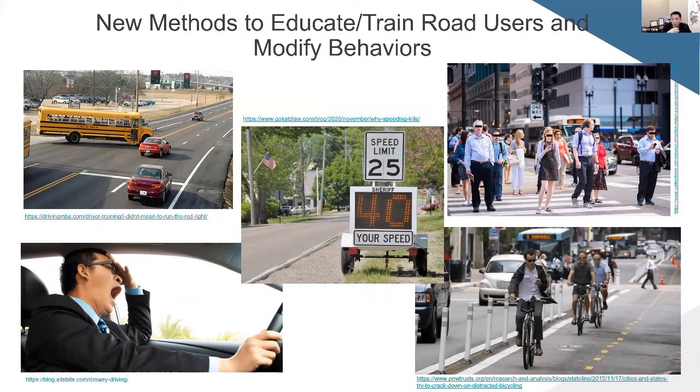But in addition to the distracted driver, you also have distracted cyclists and distracted pedestrians as well. So one of the areas we need to work on is to continue to think about new methods. We can educate, we can train road users and modify their behavior. I think that's very, very important.